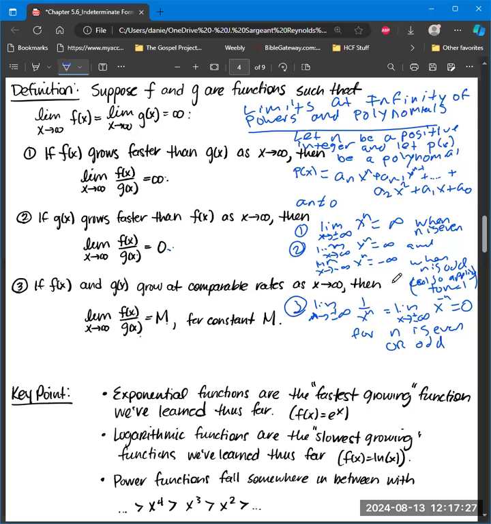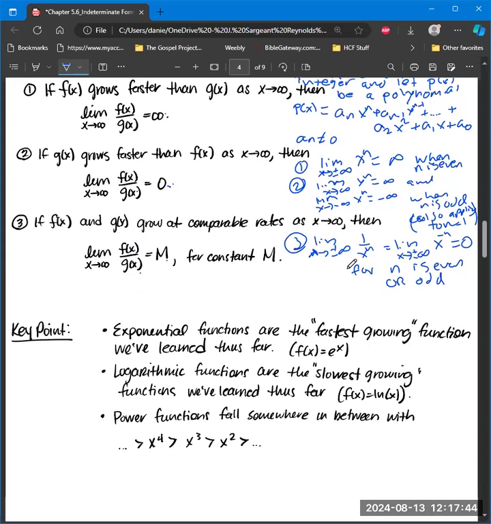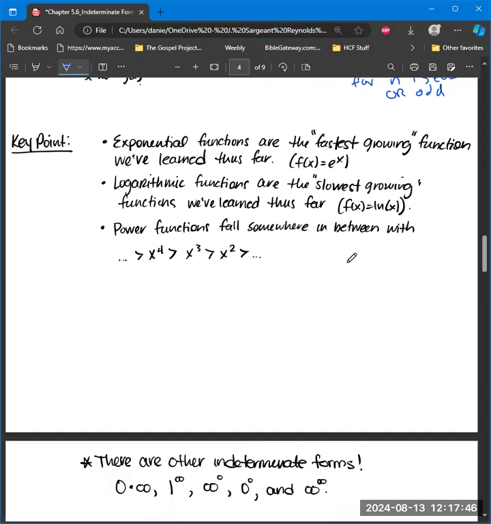So we normally deal with those with polynomials like this to tell us what to do. But now we're applying that idea of how fast something grows to functions that are not polynomials, just extending this concept from all the way back in section 1.5 to things that are exponential, logarithmic, and so on. So exponential functions are going to be the fastest growing functions that we've learned about thus far.